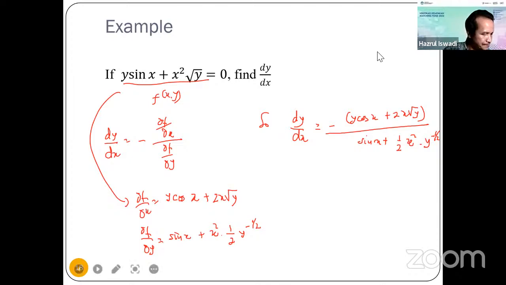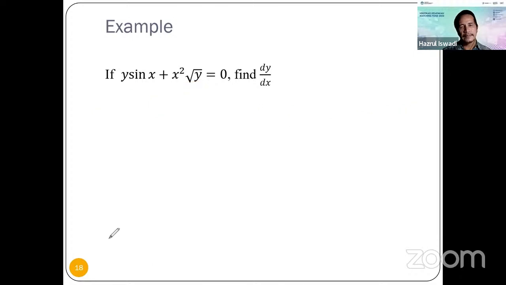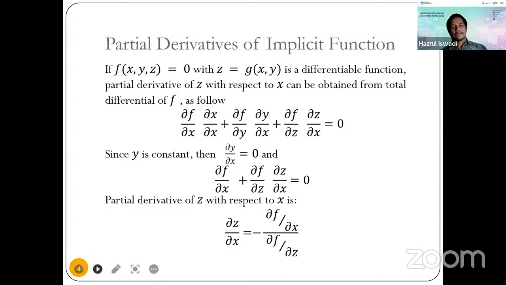Okay, let's go to the last slide. This slide says the extension of partial derivative of implicit function.